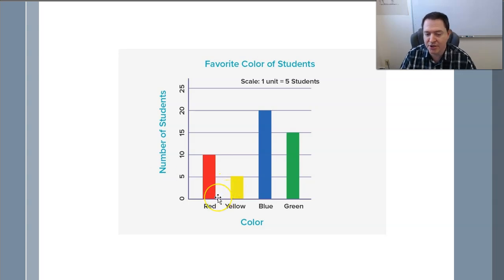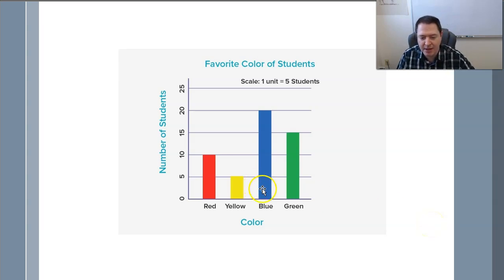I'm going to have you notice just one thing real quick before I move on, and that is that these bars are actually separated. There's a space between each one of the bars. That is to clue us in that this is a bar graph for categorical data. You will always see that with bar graphs, or sometimes called bar charts.